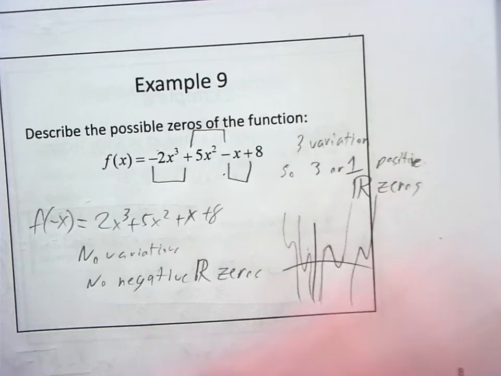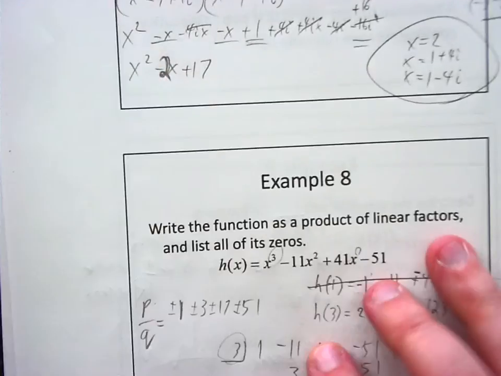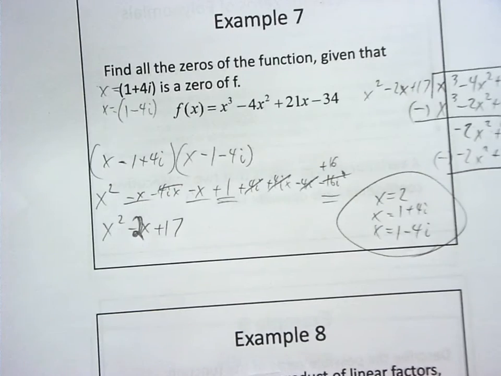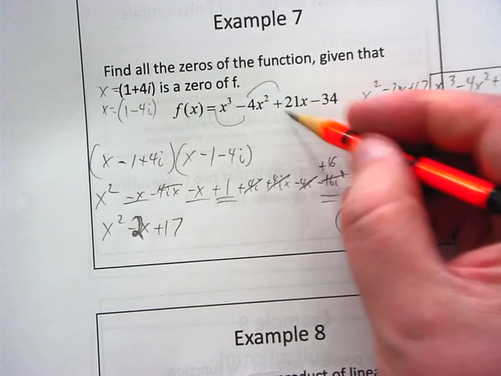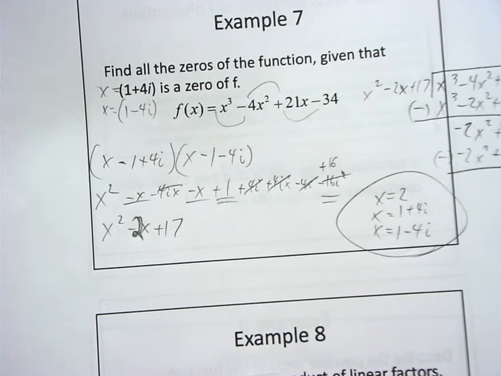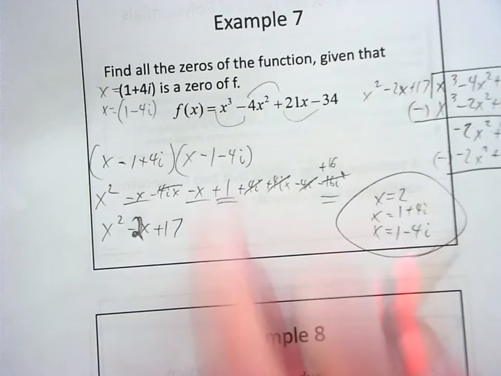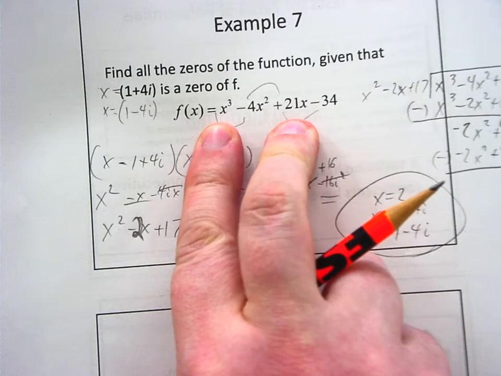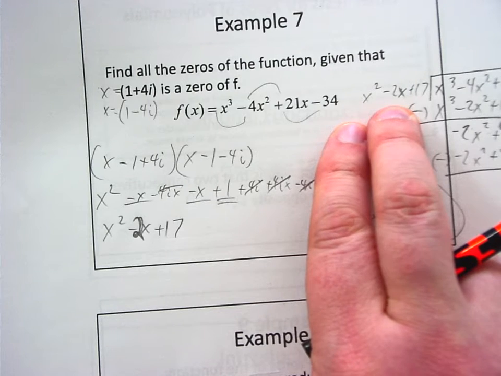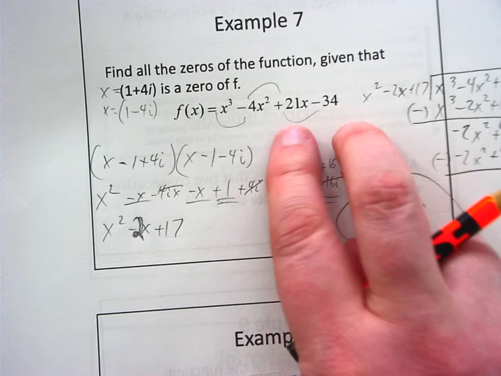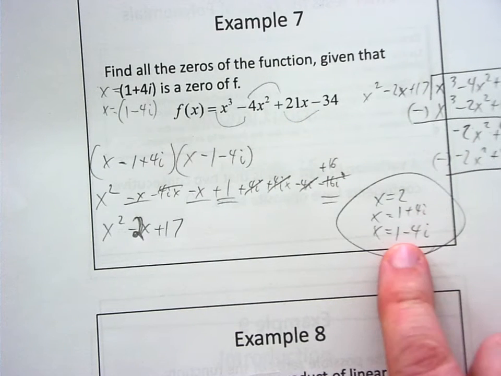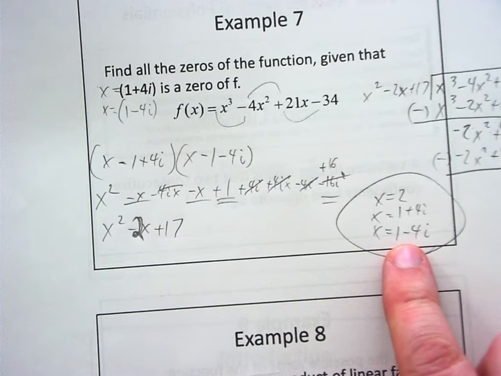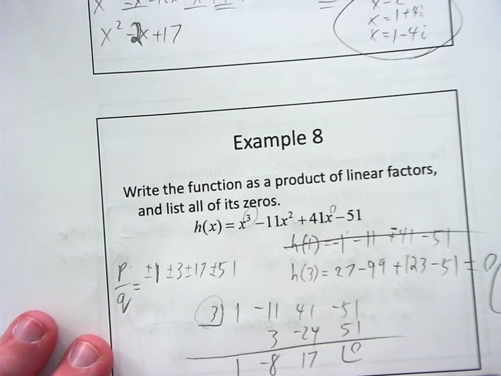That's all that's saying. So if I go back and look at one of the previous ones, again, I have one variation, two variations, three variations, right? And if I flip the signs for f of negative x, this will become negative, this will become negative. Again, all those are negative, right? So by Descartes' rule, either one or three of your solutions are positive reals. Do the same thing down here.